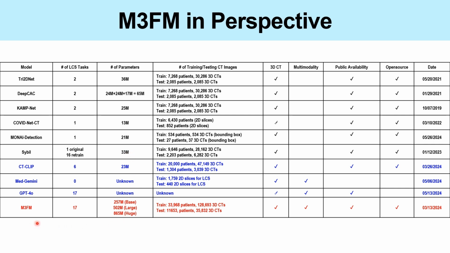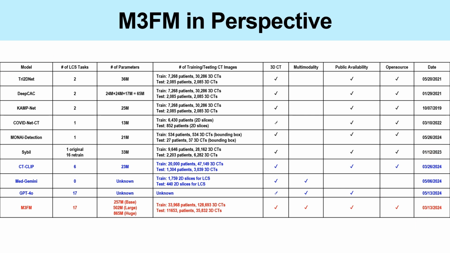And we train our model with a much larger data set, and so in this particular specialty we can outperform these standard cutting-edge models and the state of the art. So you can take a look at the table and see the number of tasks performed, the number of parameters, and all the different categories, and the date the relevant paper was first released.